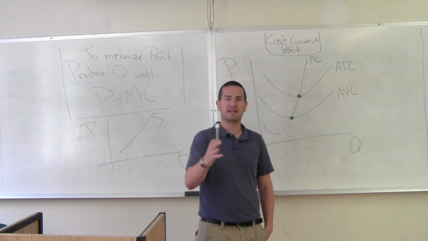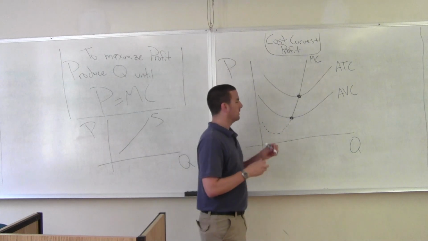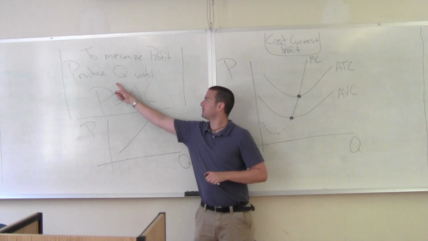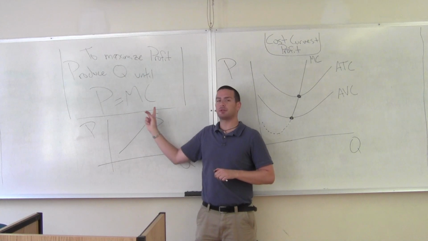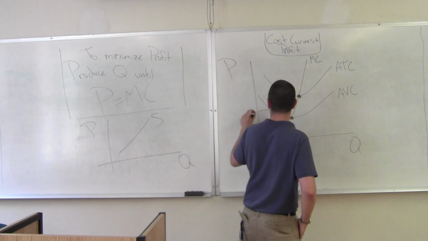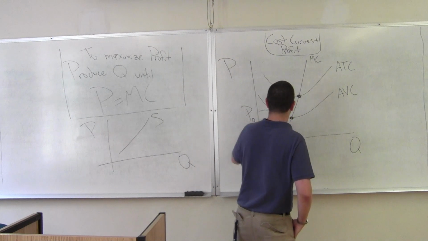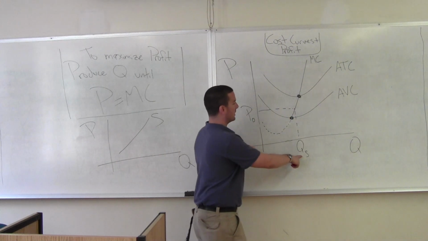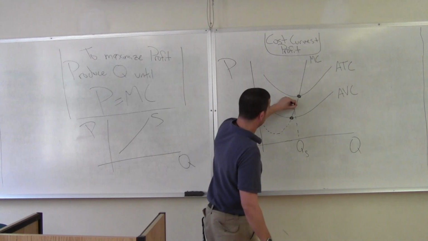But even before we get to that, let's just follow our golden rule. Maximize profit, produce Q until price is equal to marginal cost. If this is the price, then that will be our quantity supplied.